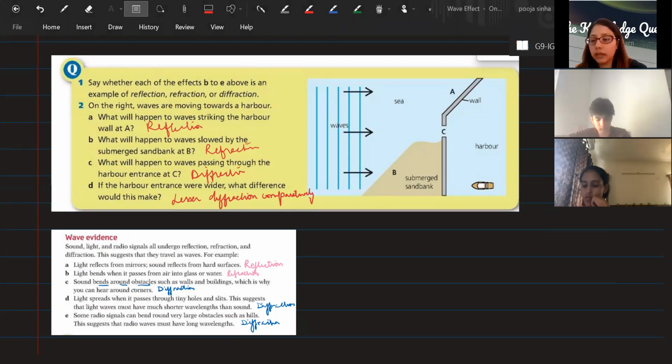Okay. Our next topic is basically about the nature of sound waves. Few things that we need to understand. I'm just showing you one picture.